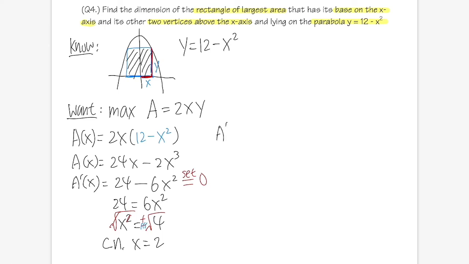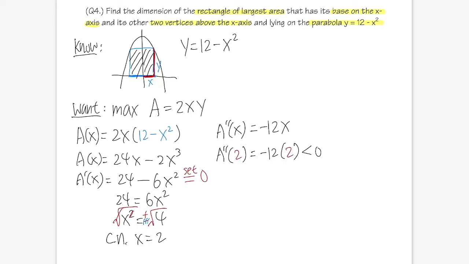Anyway though, A double prime for the second derivative. Take a look at this. The derivative of 24 is 0, and the derivative of the other term is negative 12x. The second derivative when x is equal to 2 is negative 12 times 2, and that will be negative 24, which is less than 0.